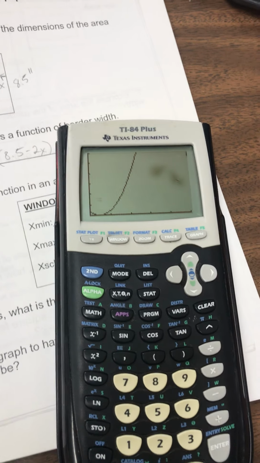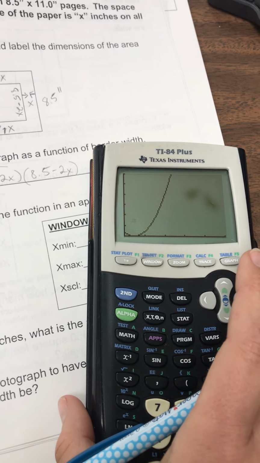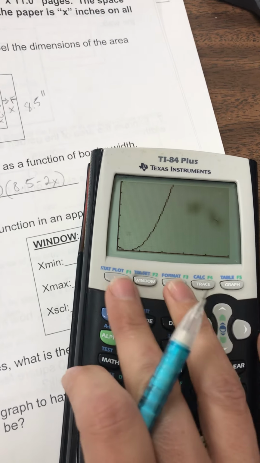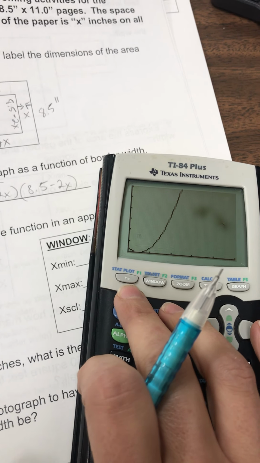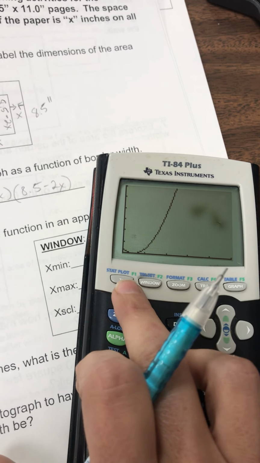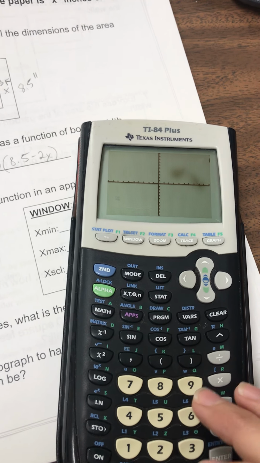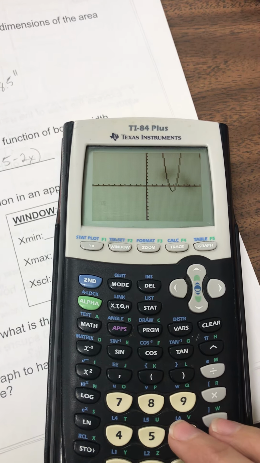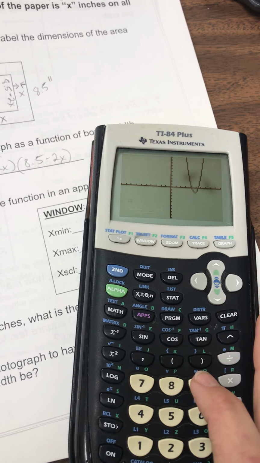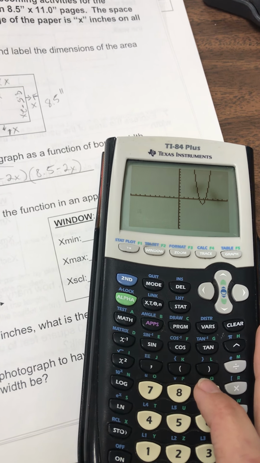All right, my scale was already kind of messed up a little bit, so I'm looking at something really weird. So let's go back to standard, Zoom 6. Okay, now let's look at the graph.